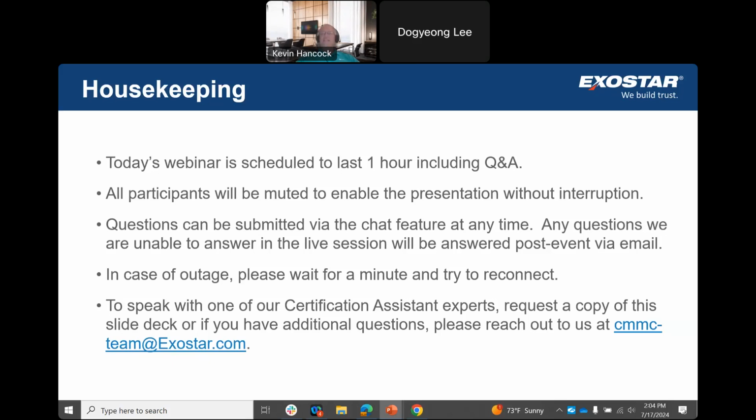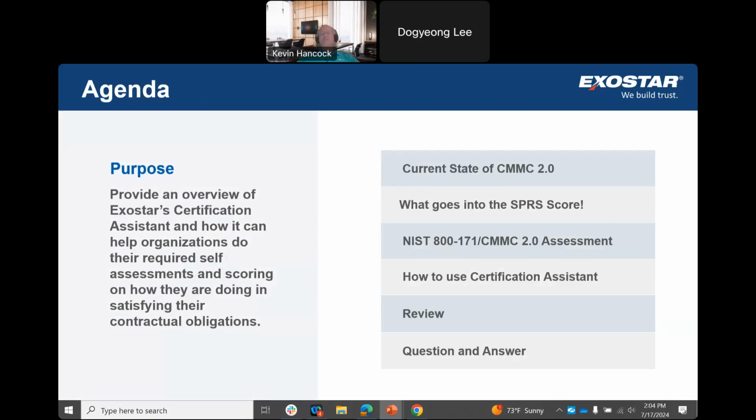So with that, let's dive into today's session. I'm going to first cover the current state of CMMC, where we are in the rulemaking process, the timeline for implementation, etc. I'm going to cover what goes into generating that SPRS score, cover the NIST 800-171 assessment as well, walk you through how to use Certification Assistant to do that self-assessment.